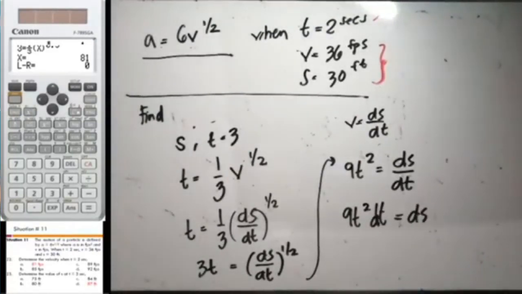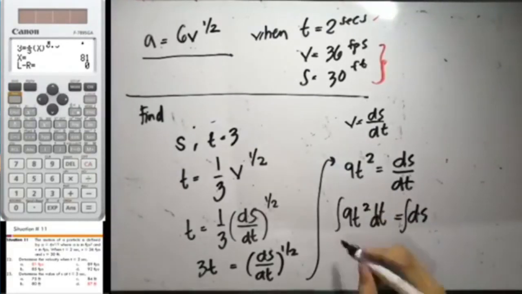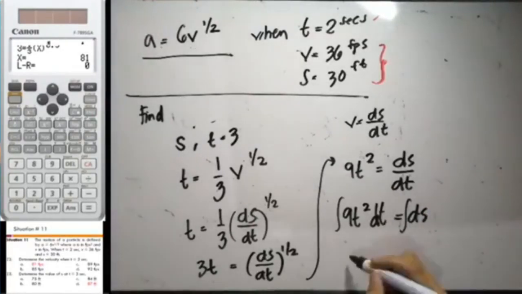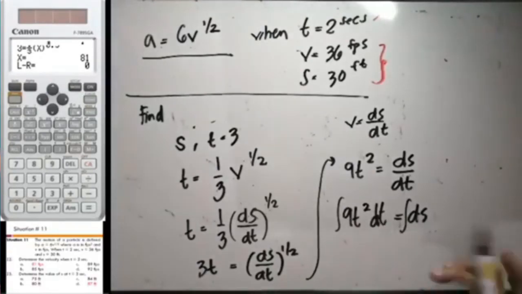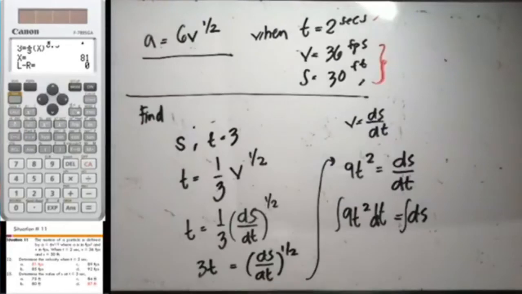Okay, tapos ayan. Integrate natin both sides. Then, ang mangyayari dyan, kung ano man yung lalabas dyan, makukuha mo yung plus c. Then, magkakaroon ka ng equation na s equals something plus c. Then, you have to use the given values to solve for c. Then, yun yun. Tuloy-tuloy na natin ha.